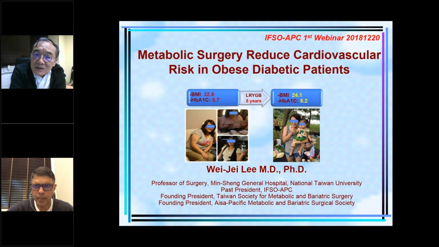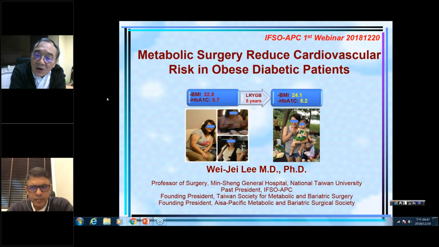For microvascular disease, I think we can see a difference, but we probably need to look at a different population, such as young-onset diabetes patients, because that group is very high risk, I think, for renal disease. Still, they may need 15 or 20 years to show the difference from metabolic surgery.